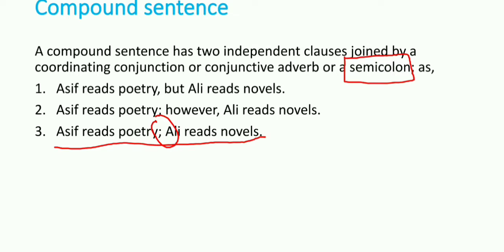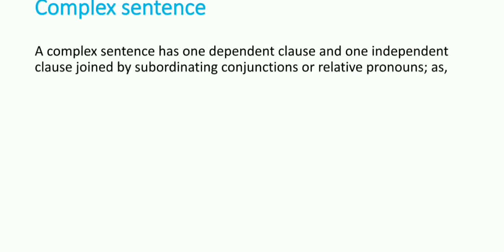Now let us discuss the next, that is the complex sentence. A complex sentence has one dependent clause and one independent clause joined by a subordinating conjunction or a relative pronoun. Keep this in mind here.